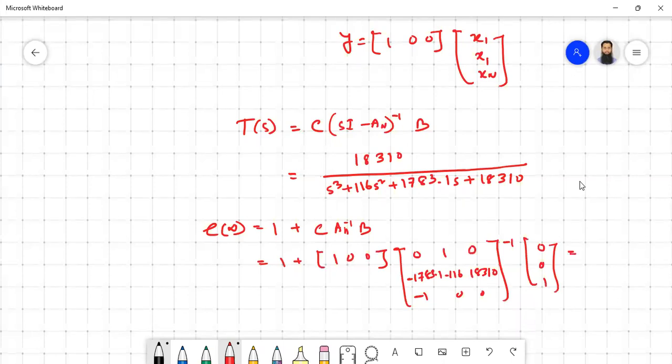Do the calculation and you are going to find that we have designed a system for zero steady state error.